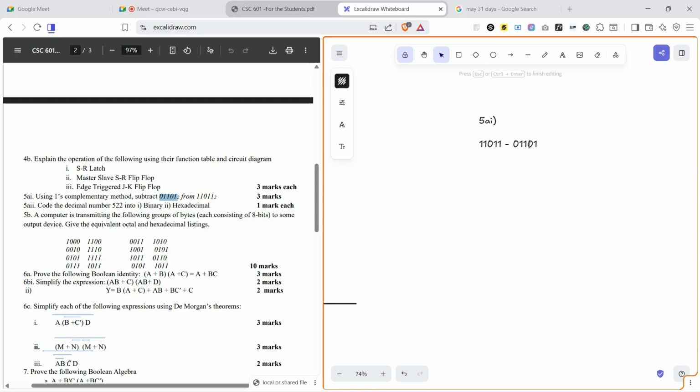So in one's complement, the number we want to subtract from this is 01101. So we are going to write this in the inverted form.